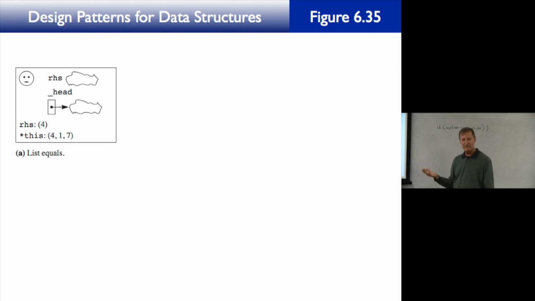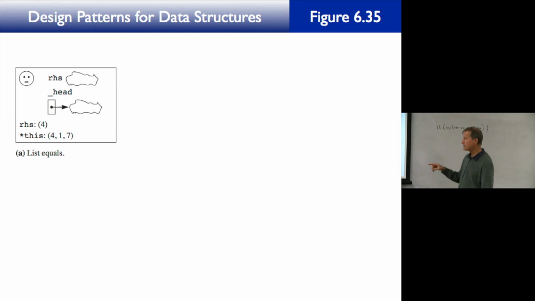No. But what it's going to do is compare the 4 of my list with the 4 of your list, and potentially they are equal. But then it will compare the rests, the 1 7, the rest of my list, with the empty list. And those won't be equal. Are you with me? So that's going to be the scenario.